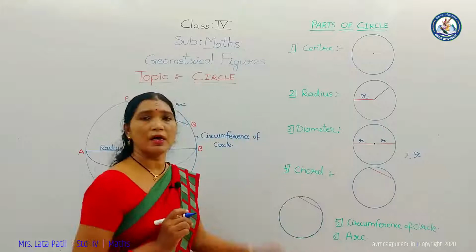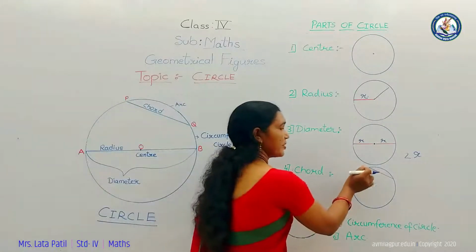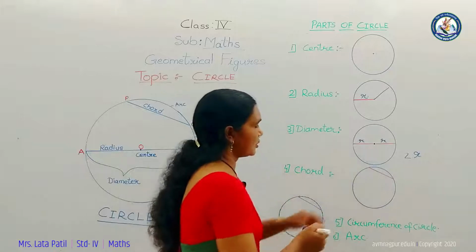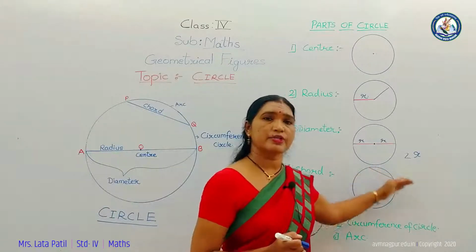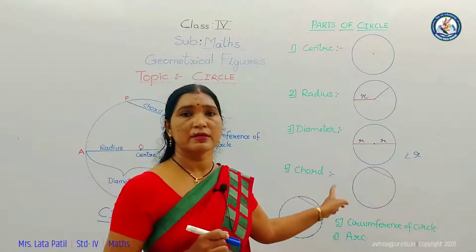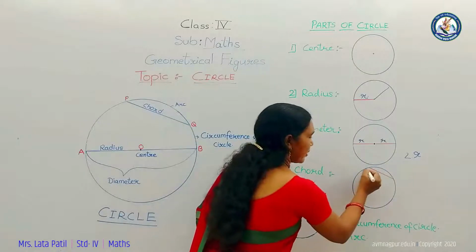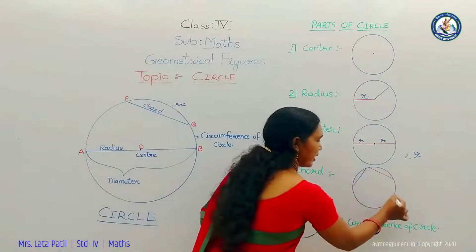Now next comes the chord. Any line that joins two points on the circle is called a chord. I have drawn one here, this is a chord, and we can draw one here also, anywhere.